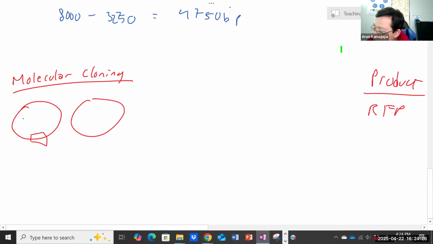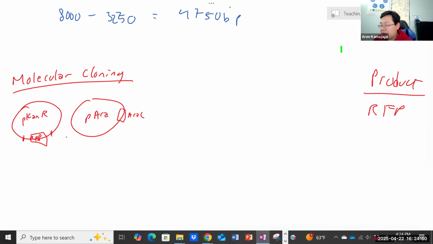Just to give you another perspective, it starts with the 2 plasmids. You have your P10R that has your RFP here, and then you have your PRA that has the RC over there. You want to cut your P10R with the restriction endonuclease, which you already learned what that is.